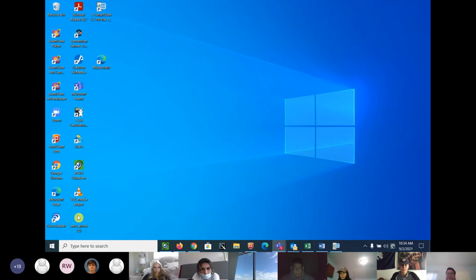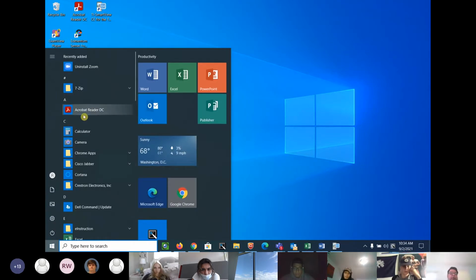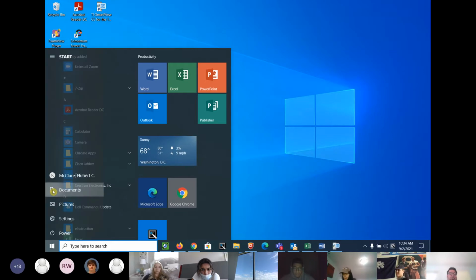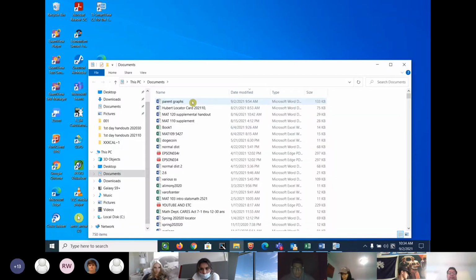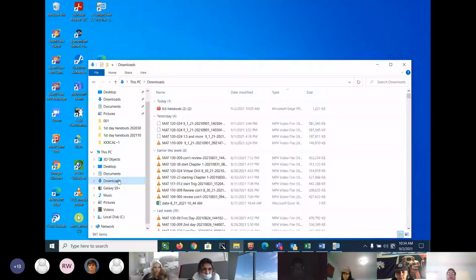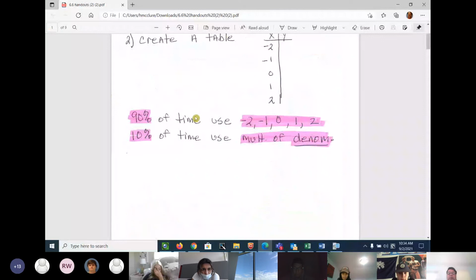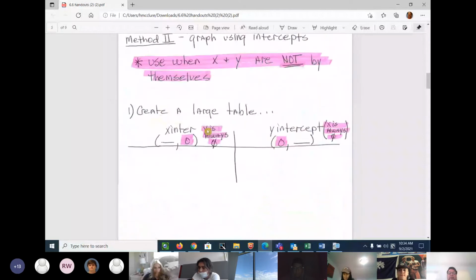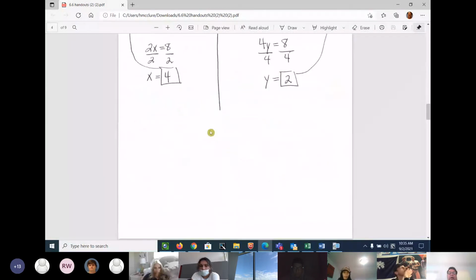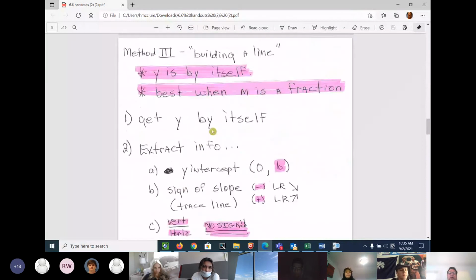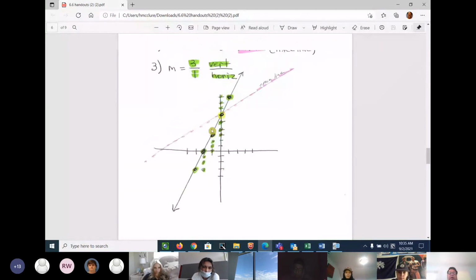What is it? Well, it is a handout that I give for one of my other math classes, and it might be beneficial to you because some of you struggle with graphing. And here is the handout. It talks about the first method of graphing, the second method, the third method, and the properties of graphing.